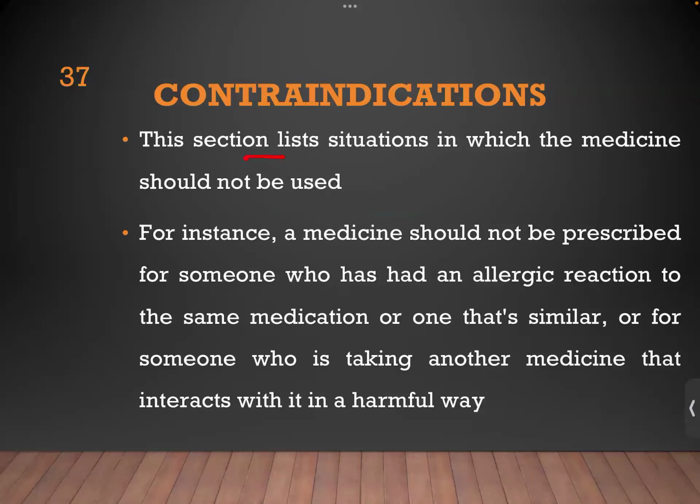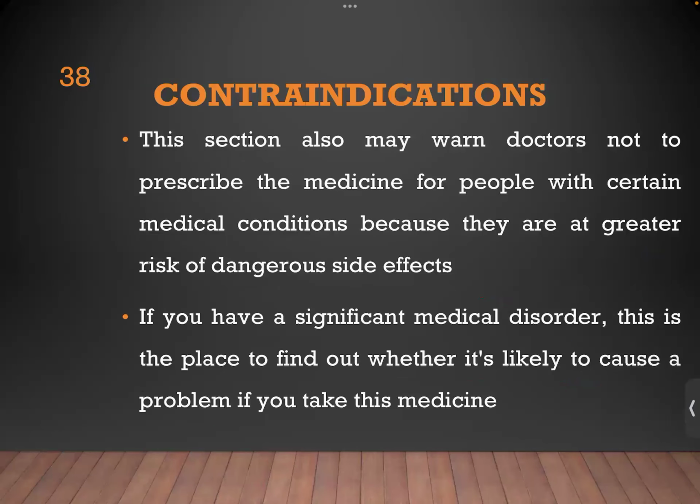For instance, a medicine should not be prescribed for someone who had an allergic reaction to the same medication or a similar one, or someone who is taking another medicine that may interact in a harmful way. That is the contraindication. This may warn doctors not to prescribe a drug to people with certain medical conditions or a greater risk of a side effect.